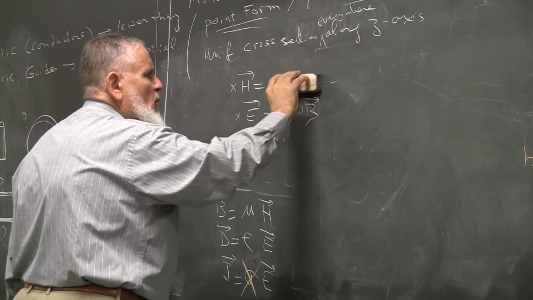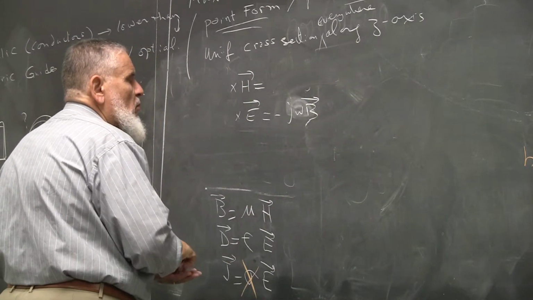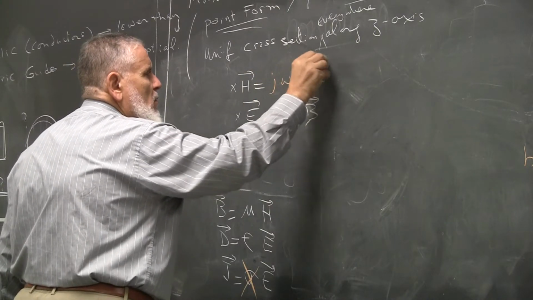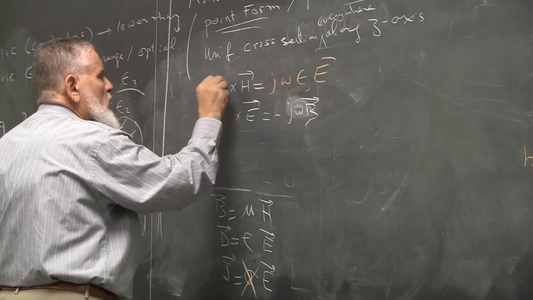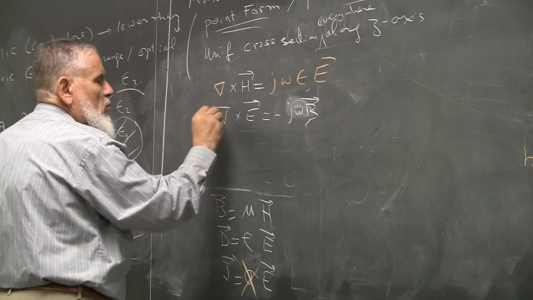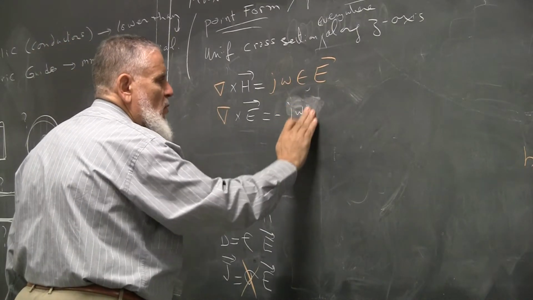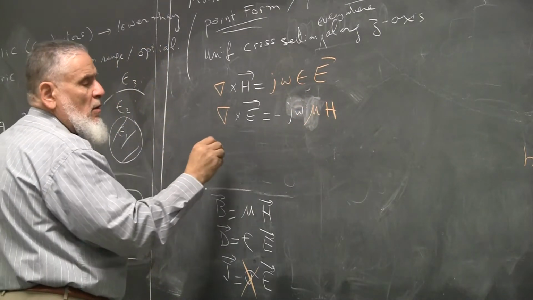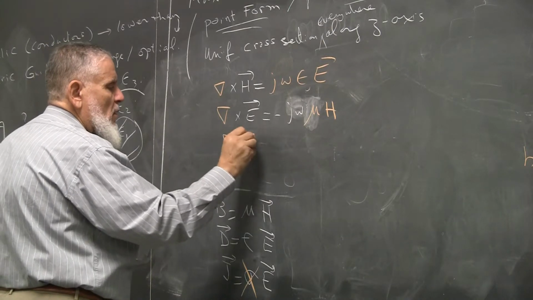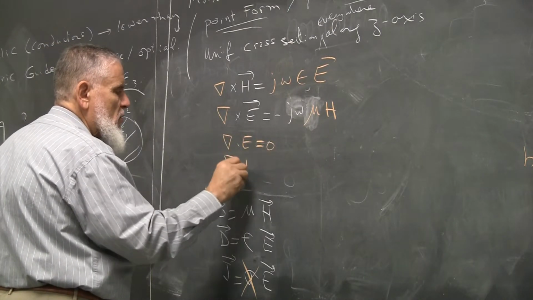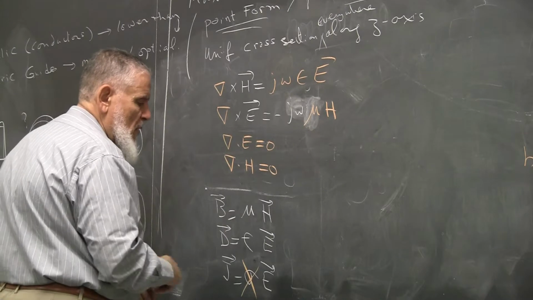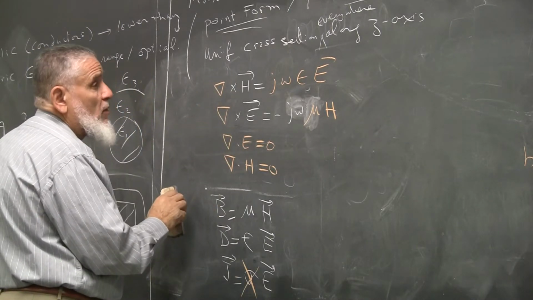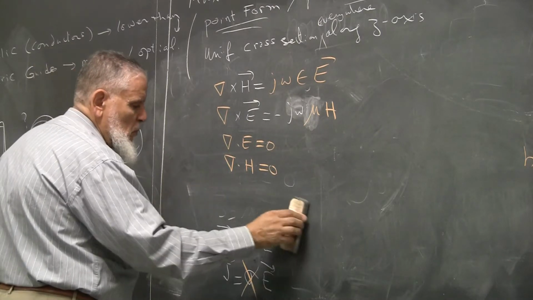This is going to be J omega epsilon E and this is J omega mu H, and right here div E is 0 and div H is 0. These are my new Maxwell's equations. I don't need those anymore. I already reduced everything to E and H.